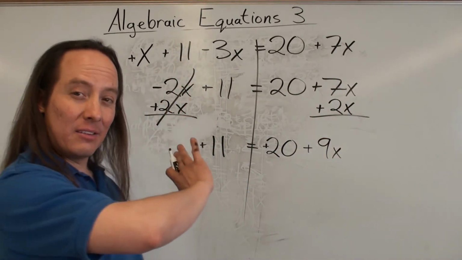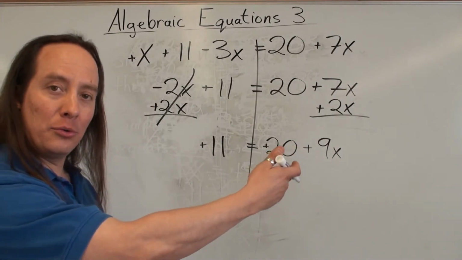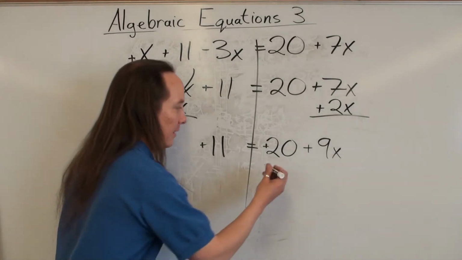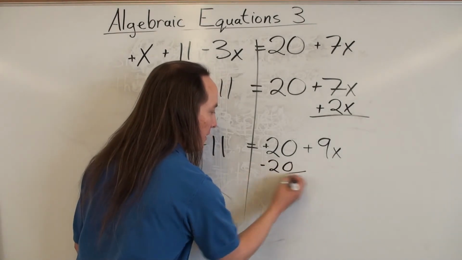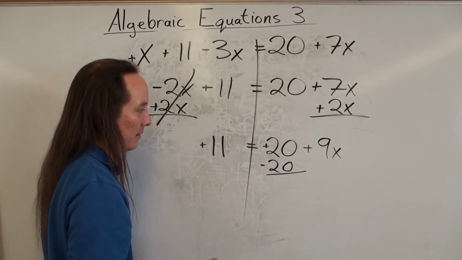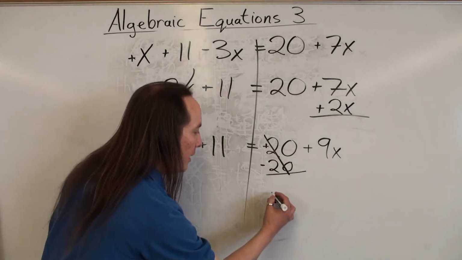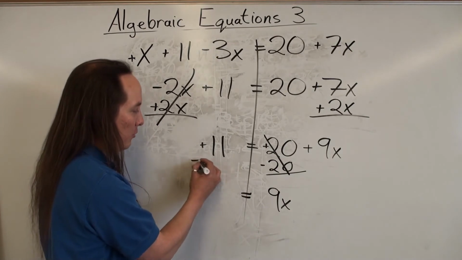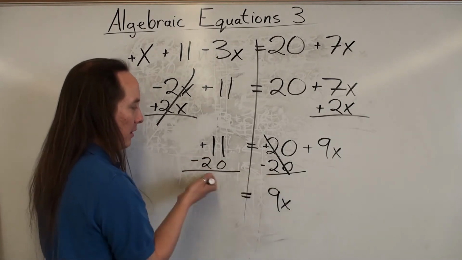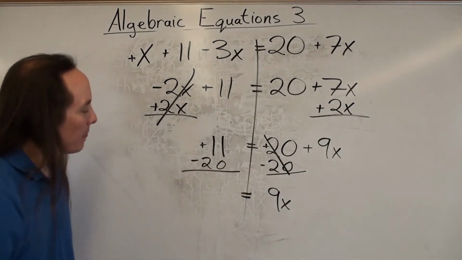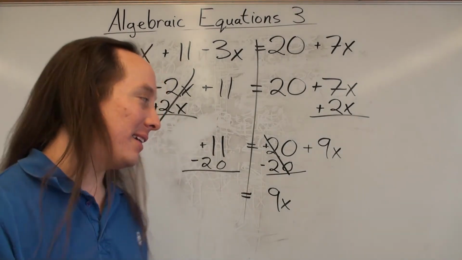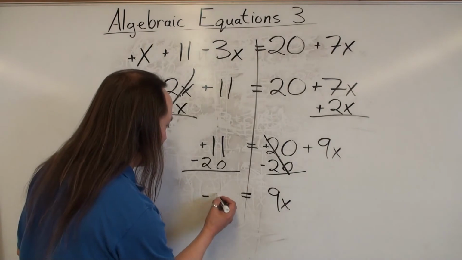So I have all the x's over there on the right side. Now I need to move the numbers, or in this case, the 20, over here to the left side. All right. And that eliminates. I'll bring down the 9x. And equal to, well, I have to subtract 20. That's what I did. Got to do the same thing to both sides. And positive 11 minus 20 is 9, or negative 9, I should say.